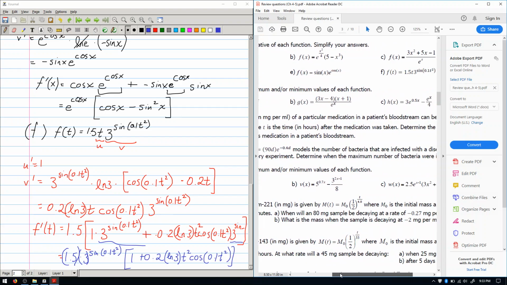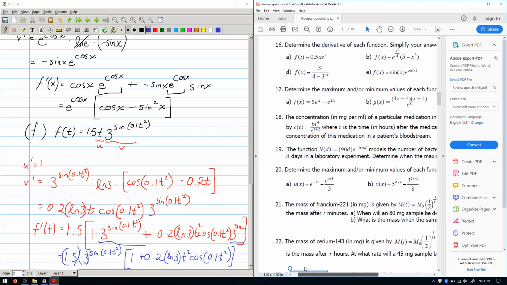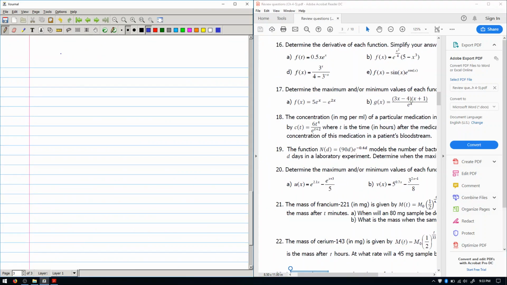Let's do 17, and we'll do 17a and c. Okay, so for 17a, f of x equals 5 e to the x minus e to the 2x.